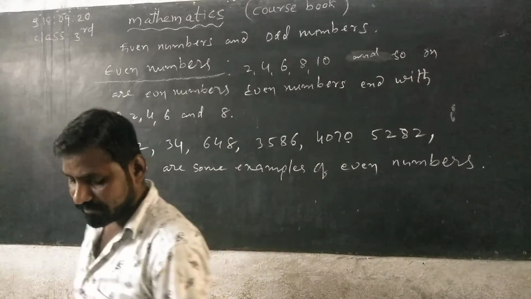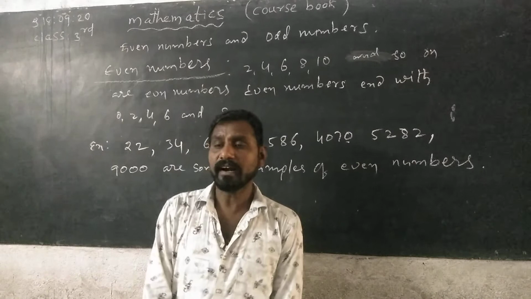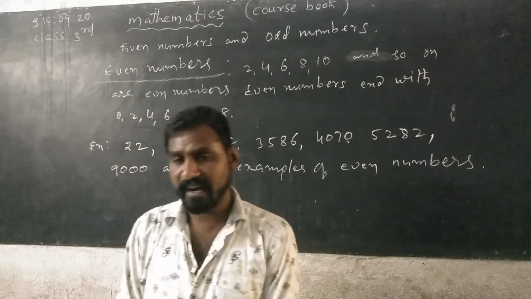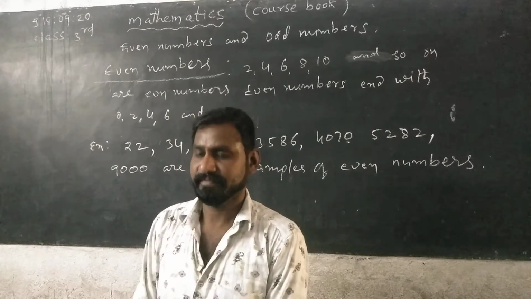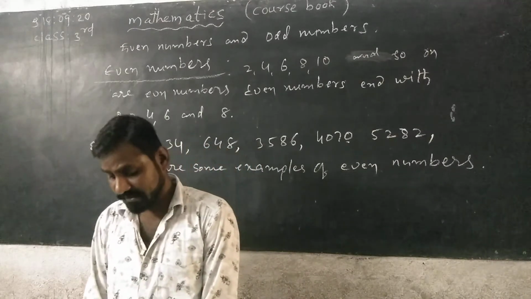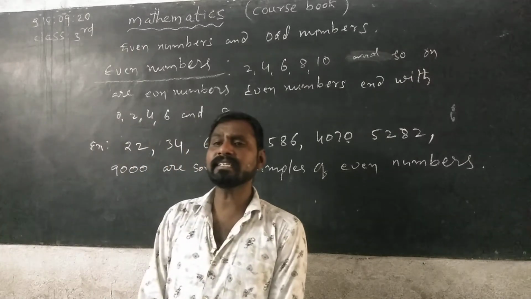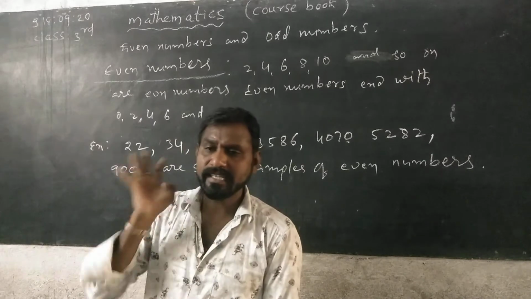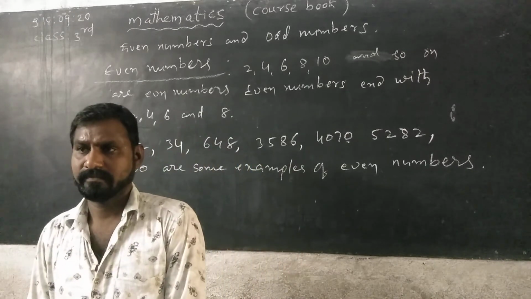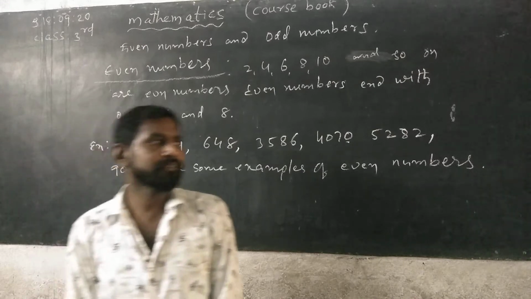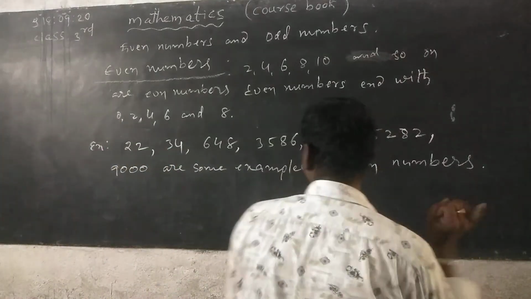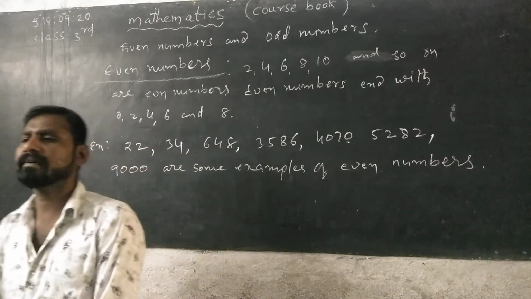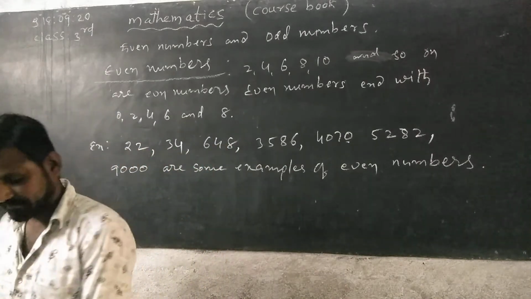Next, odd numbers. Odd numbers means 1, 3, 5, 7, 9 and so on are odd numbers. See, odd numbers end with 1, 3, 5, 7 and 9. A number having at one's place 1, 3, 5, 7, 9, then the numbers are called odd numbers.